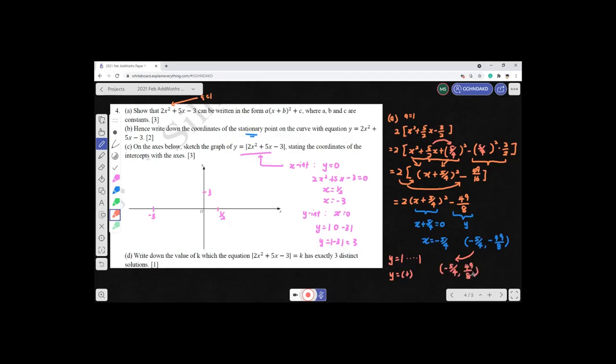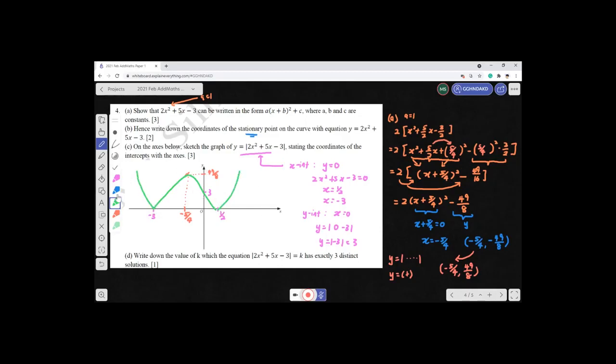Okay, this is your new stationary point, where the x is negative 5 over 4, the y is 49 over 8 on top here. So when you have all these things ready, you connect them. From the minimum point, it will become your maximum point here, and then reflect up.